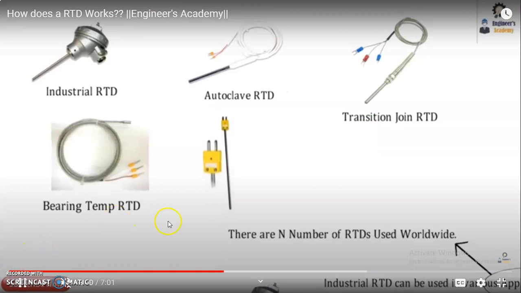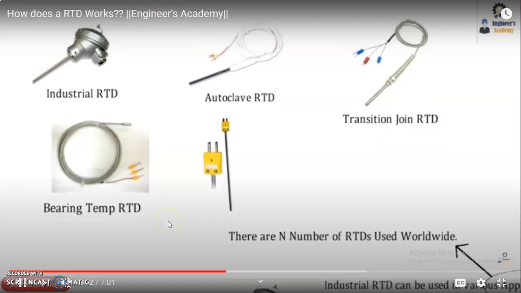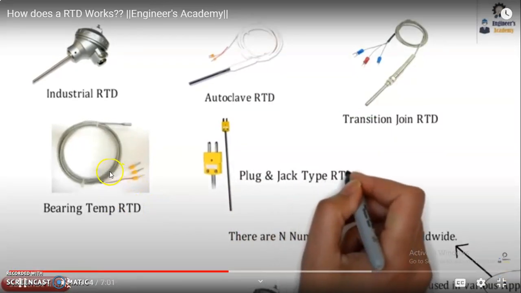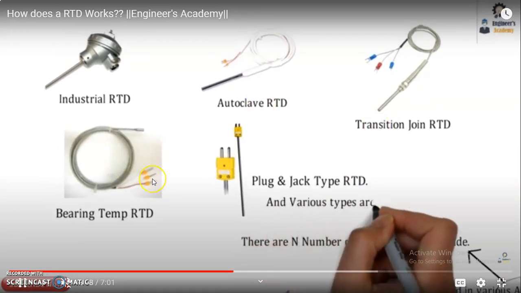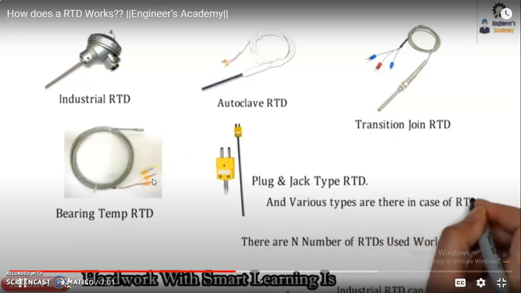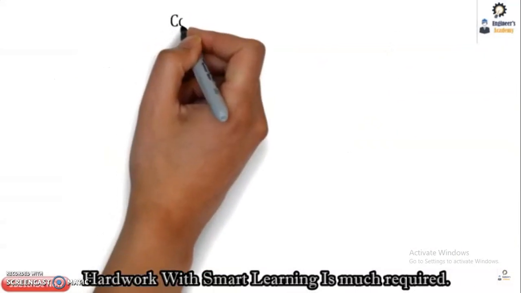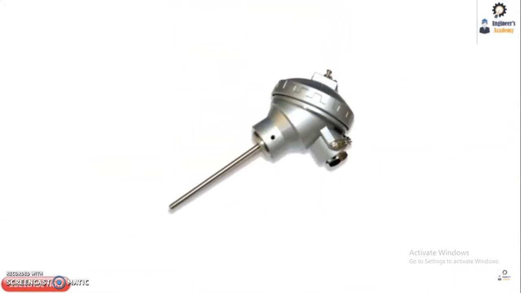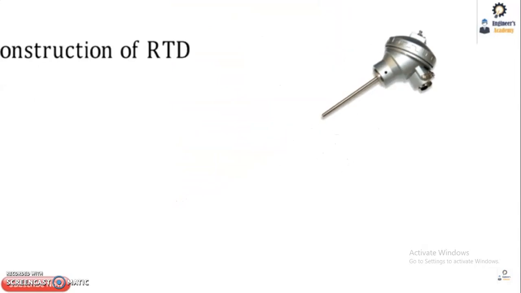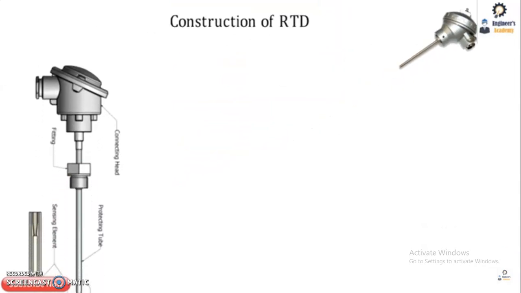Just look here. These are the various types of RTD. The first one is industrial, then autoclave, transition, plug and play and bearing temperature. The industrial RTD is the one used from the industrial point of view. You can look at the diagram; this is how they are using it.